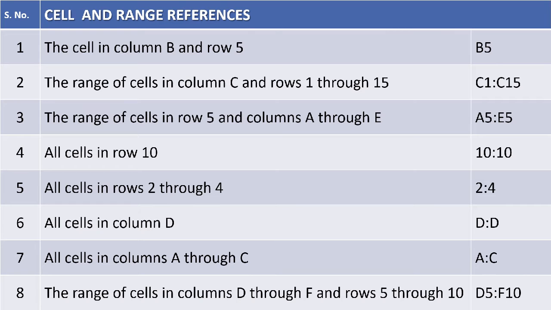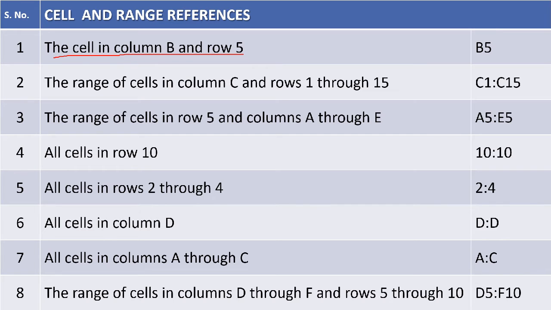See this example. I'll explain now. The cell in column B and row 5. The alphabets A, B, C, D, E denote columns and the numbers denote rows. Just recall the basics you have learned in Excel. When you open Excel, at the top you can see A, B, C, D, E, right?